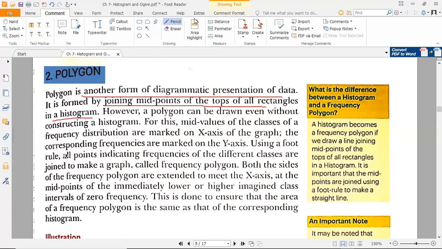For example, let's see how the polygon is to be made from the histogram. Drawing the x and the y axis first. Then we'll proceed with the values, which will be marked over here.